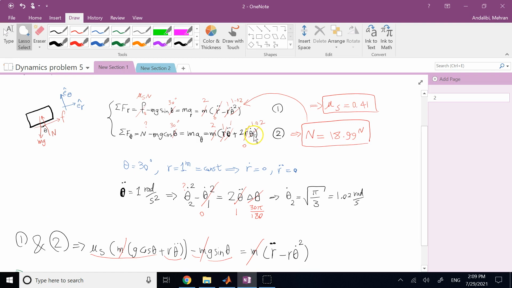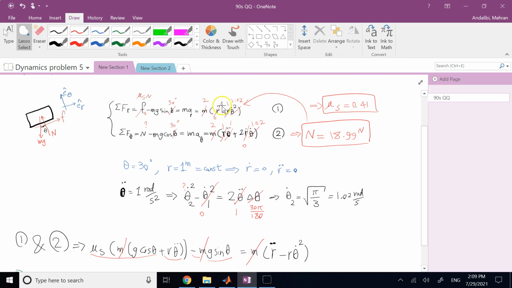Once you pass 30 degrees and your r also starts to change, then you will have the r dot term as well. But let's say so far r has not changed, there is no r dot, r is 1. If r wants to start changing, first r double dot should be non-zero.